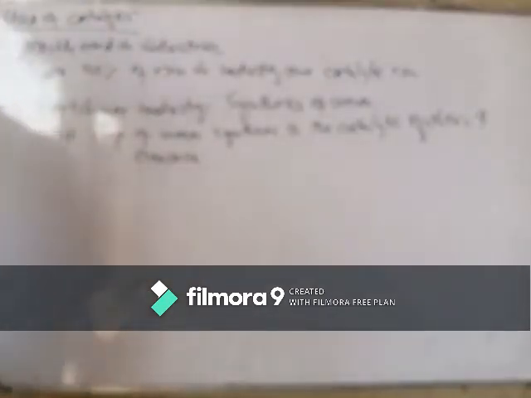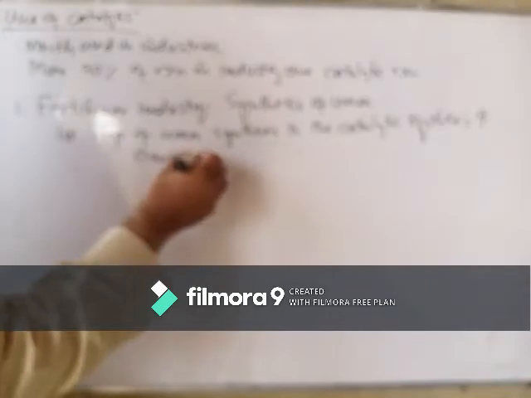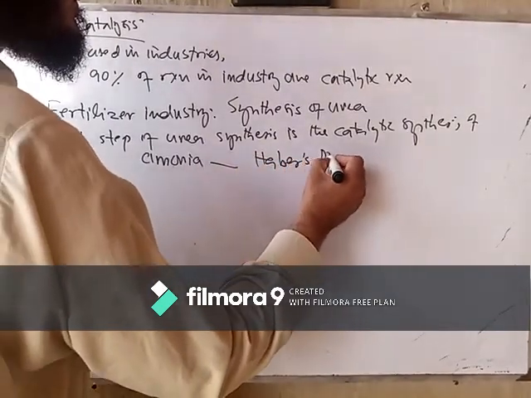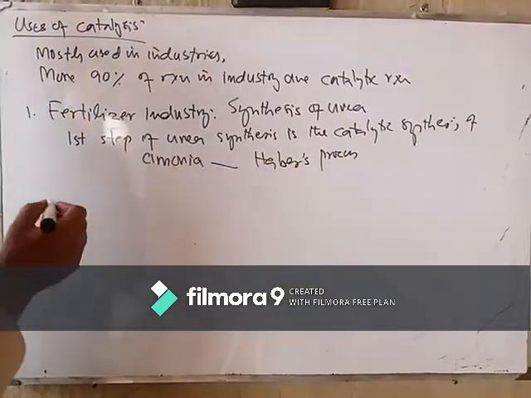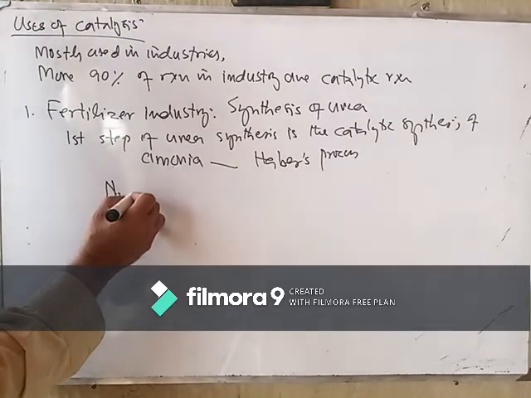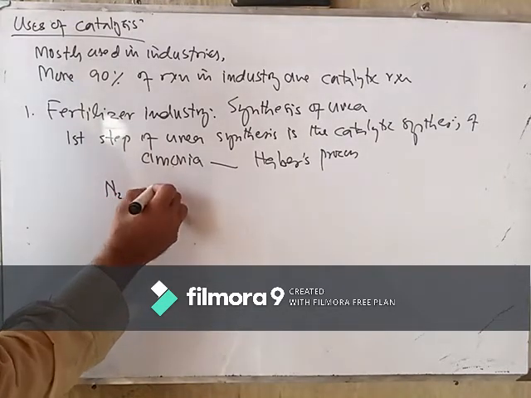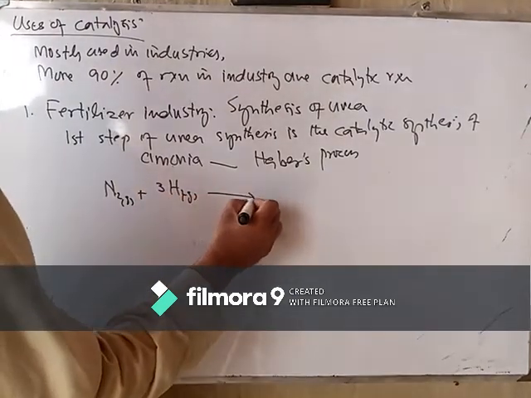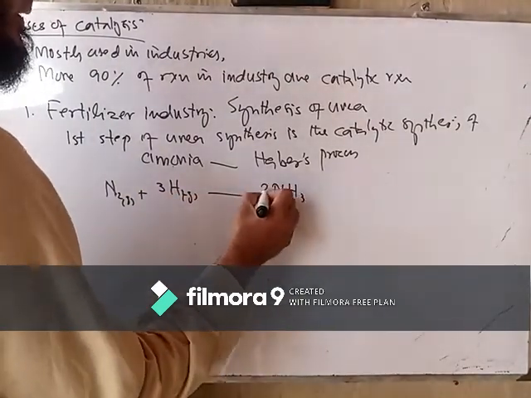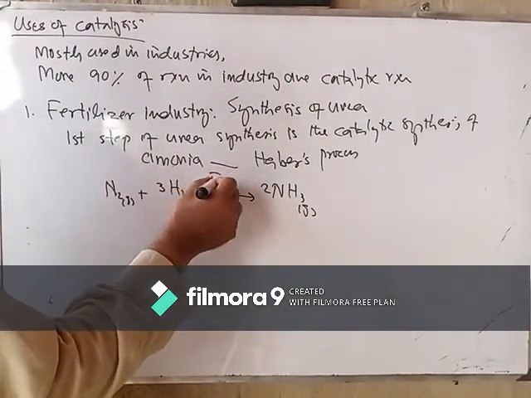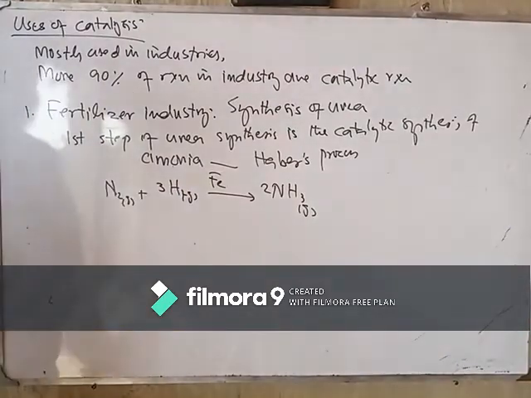And this process is called the Haber process. So the reaction is nitrogen in gas phase and hydrogen in gas phase, it gives ammonia, NH3, in gas phase. And the catalyst used in this reaction is iron. So this is one use of catalyst in industry.